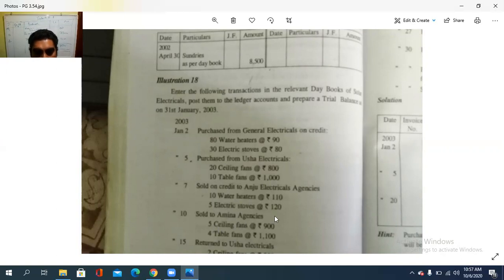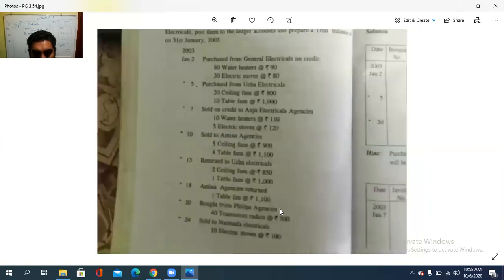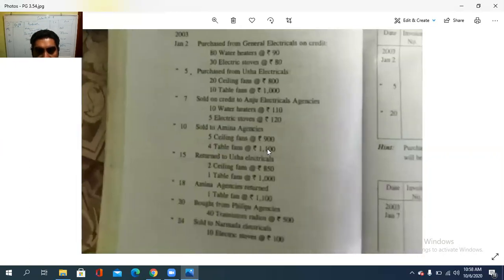Sold to Amina Agencies, that is the sales day book. Then returned to Usha Electricals, that is the purchase returns book. Amina Agencies returns, that is the sales returns book. Then bought from Philip Agencies, that is the purchases day book. And sold to Narmada Electricals, that is the sales day book.